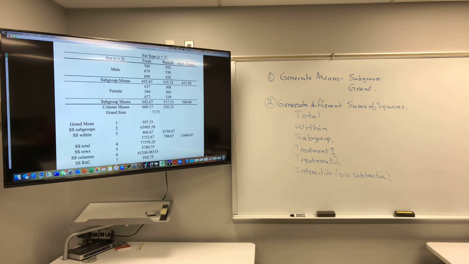Are you calculating within sample variation? Yeah, okay, that's what it looks like.